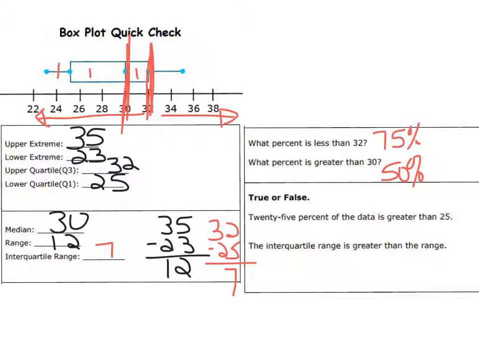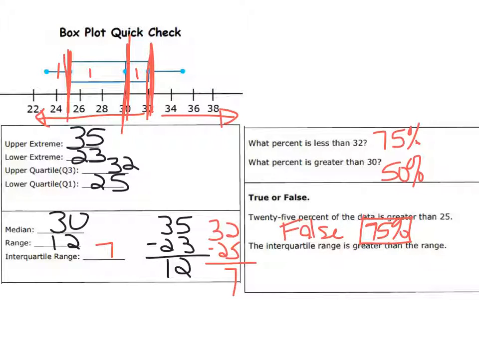Is that true or false? That's false. What percent of data is greater than 25? 75%, because 25 is right here, right? So that will make it true if it was 75.